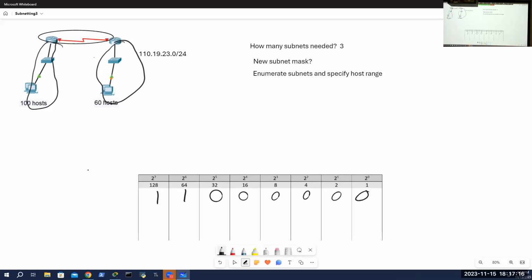So the new subnet mask is going to be 255.255.255, and what? 192. Yeah. Okay. Let me just put that here real quick.